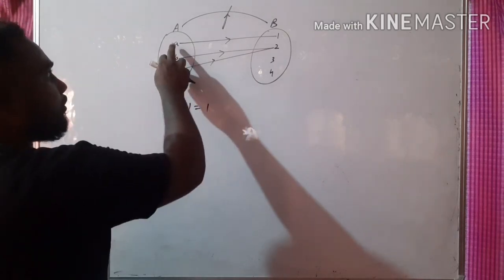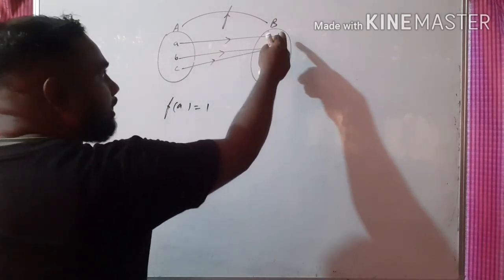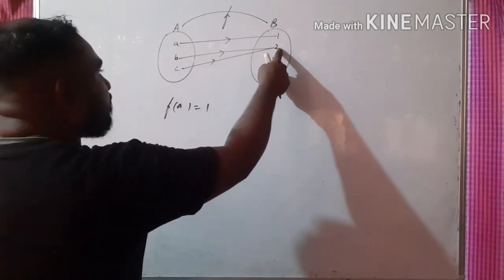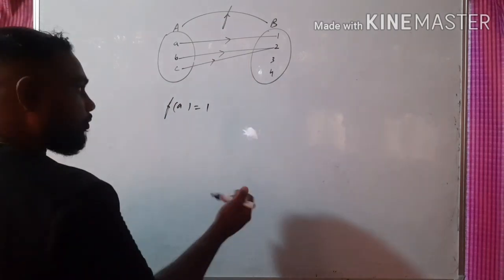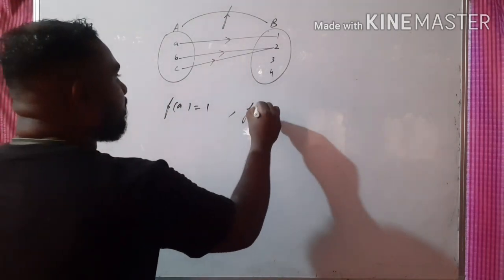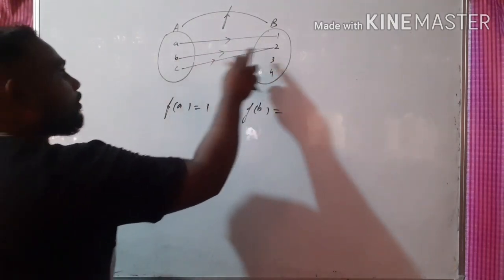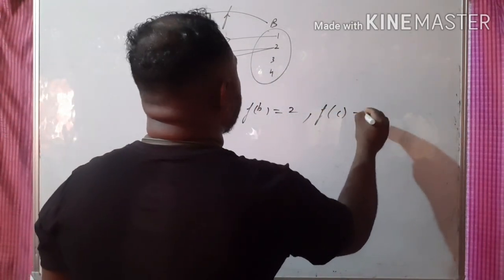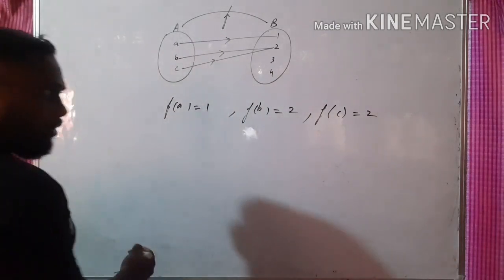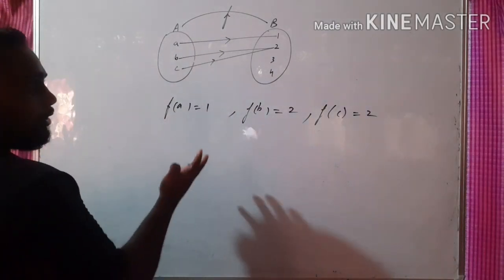This is the image of a. This is the image of B, and this is the image of C as well. We can write f of B is equal to 2. Likewise, f of C is equal to 2. Okay, so this is possible. We can write it like this.